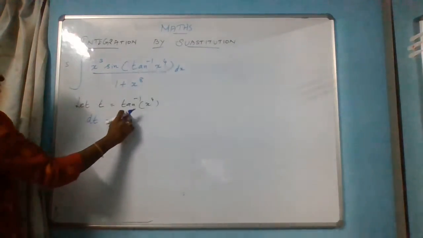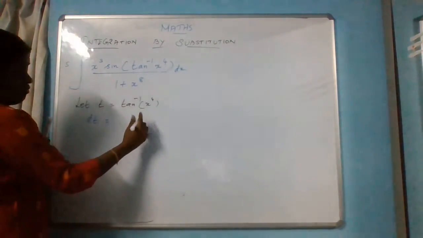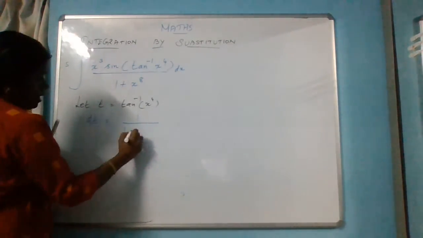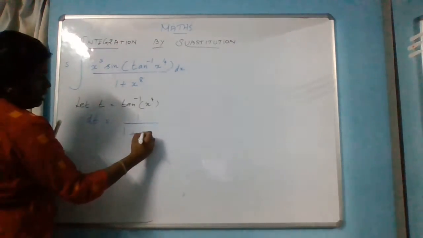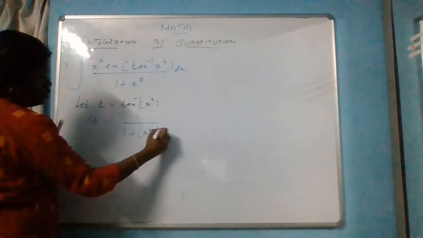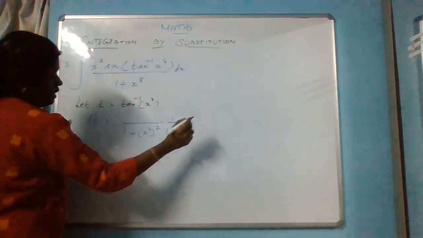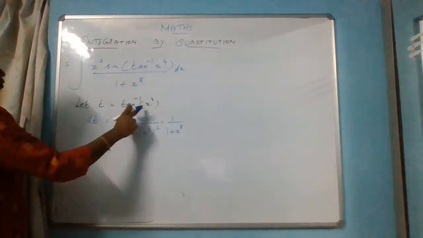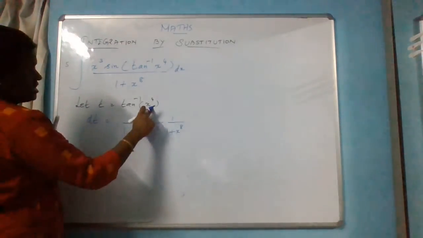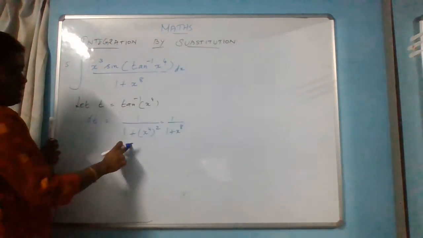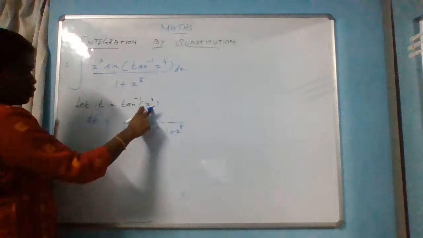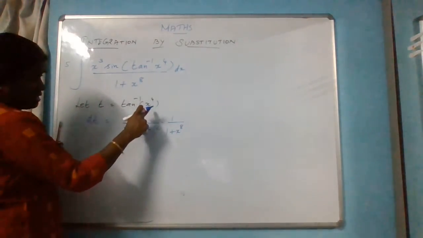dt becomes, what is the derivative of tan inverse of x? It is 1 by 1 plus x squared. But here it is x power 4, the whole squared, which gives me 1 by 1 plus x power 8. If it was x, it would be x squared, but here it is x power 4, so once again I am supposed to differentiate x power 4.